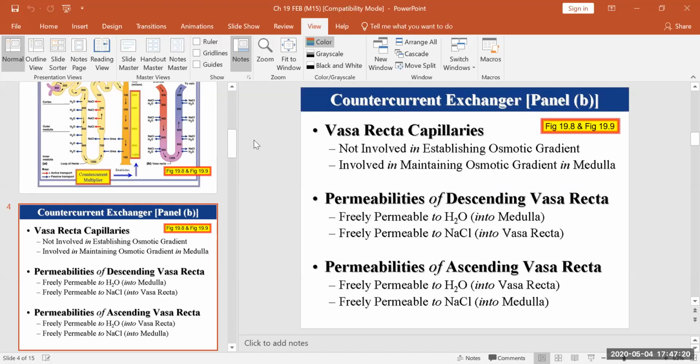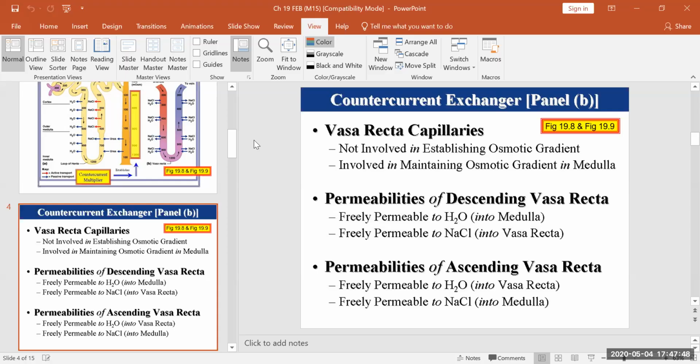This is the capillary bed that is exclusively, intimately, physically interacting with the long loops of Henle of the juxtamedullary nephron. So when you hear the word vasa recta, you know that they are basically interacting with these extremely long loops of Henle in the renal medulla, okay?